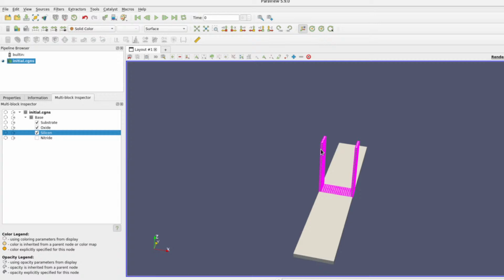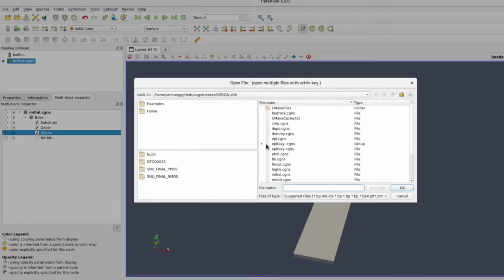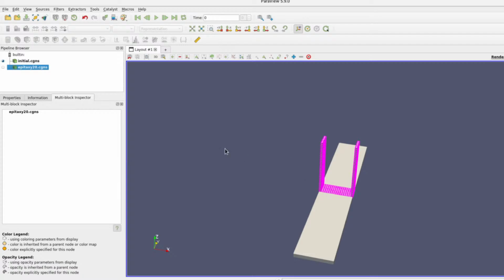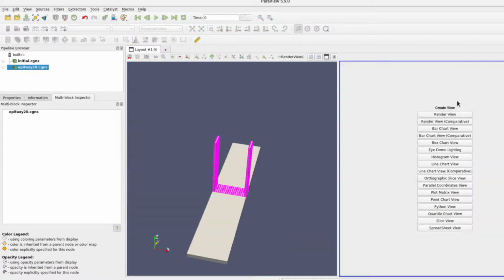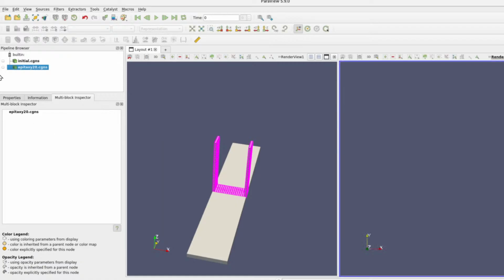Okay, so that was initial.cgns, and let's just open epitaxy 20.cgns. The number is only for my own purpose.